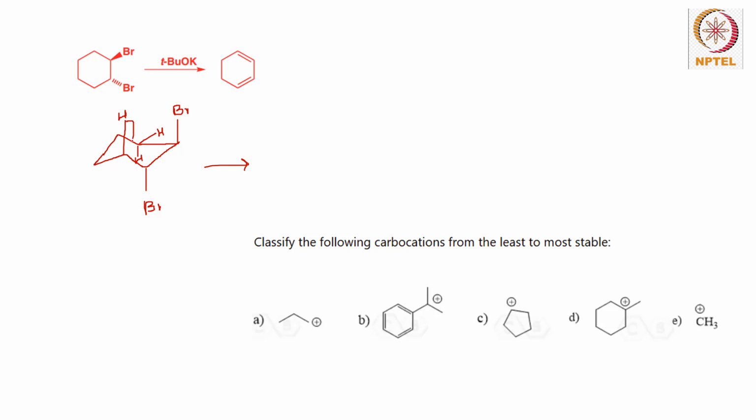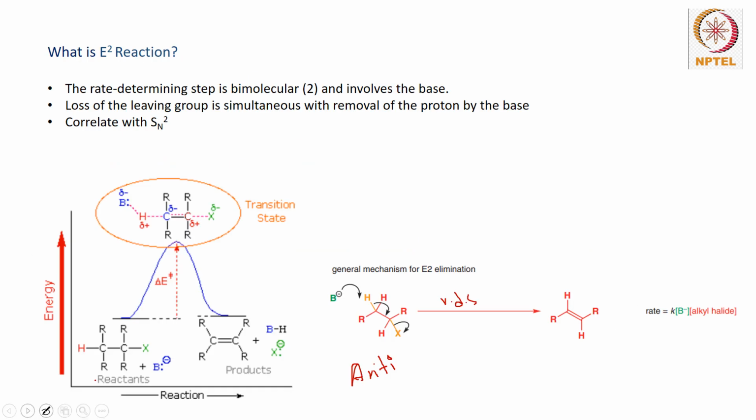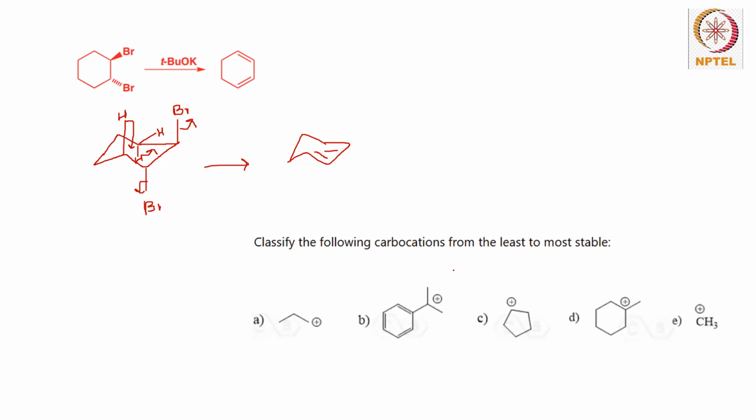So this hydrogen will come here and bromine will be removed. Similarly, this hydrogen will get removed. We get our desired product. So for E2, a very important thing is the anti-periplanar arrangement of the two eliminating groups. They should be anti to each other. You always remember that.